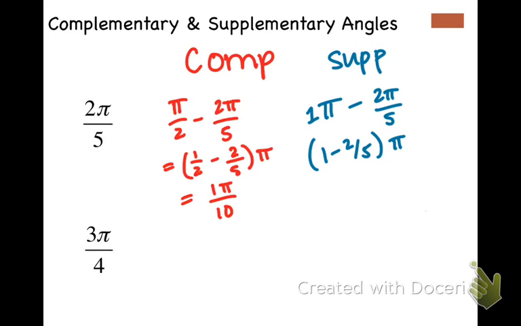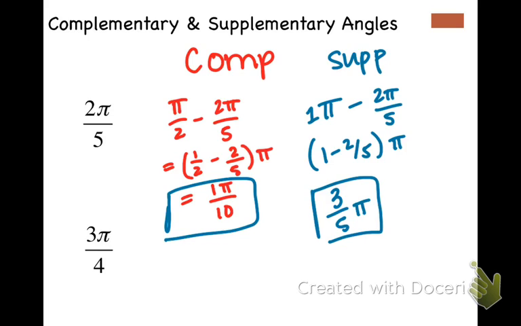And then I can either make the 1 into 5/5 and do 5/5 minus 2/5, or I can use my calculator. Either way, I get 3/5 pi. So here's my supplement to 2 pi over 5, and here's my complement with 1 pi over 10. So go ahead, try the 3 pi over 4, pause the video, and then come back and check.